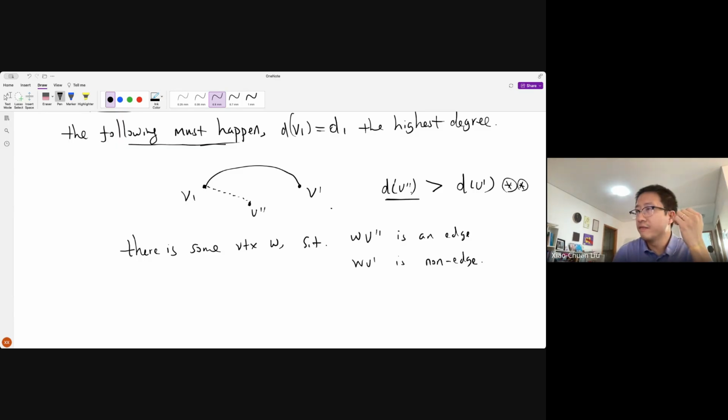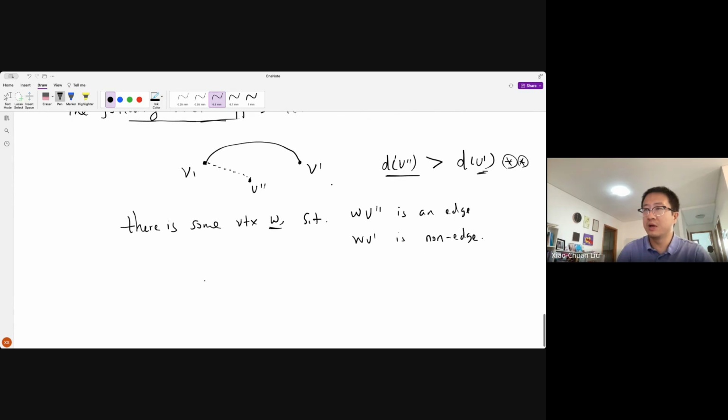Because V prime prime has more neighbors than V prime, and here V prime already used 1 degree, so it has even fewer neighbors. So there exists some vertex W. We see this picture: V1, V prime, and the non-edge here, V prime prime, and some W, and here is another non-edge.